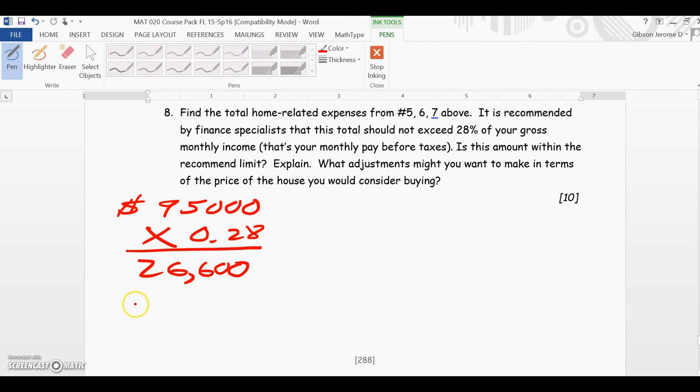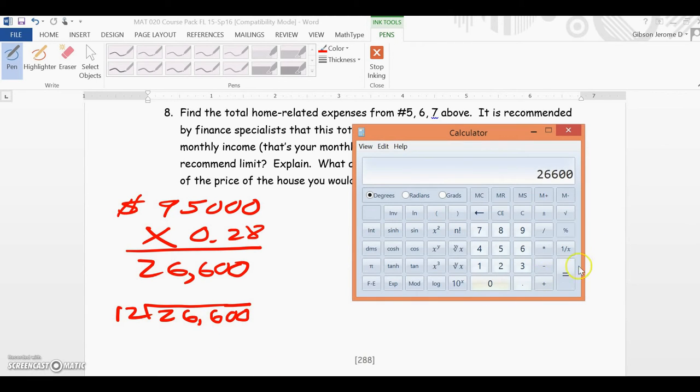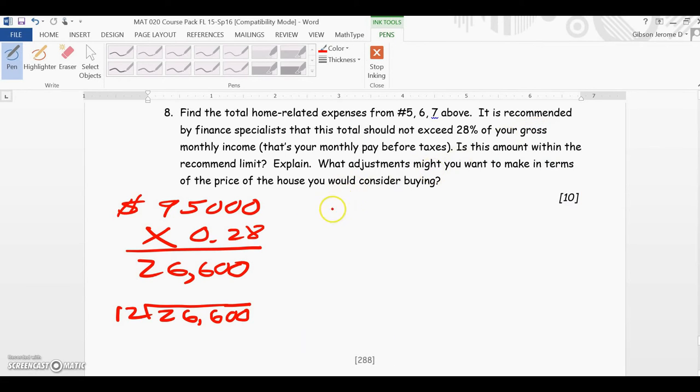Now we have to take this value and divide it by 12 to see how much we pay per month. How much is this per month? So we would take this 26,600 and divide it by 12, and that would give us $2,216 and about 67 cents. Okay, so this is how much it is for the 28%.